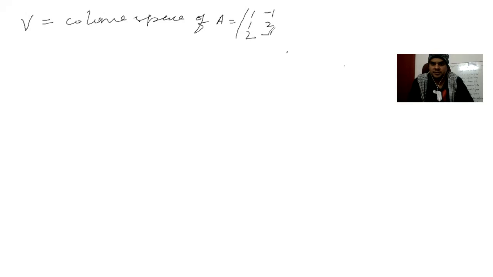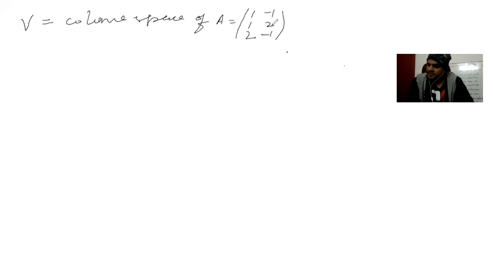They are saying that this capital V is actually the column space of matrix A, which is equal to this.